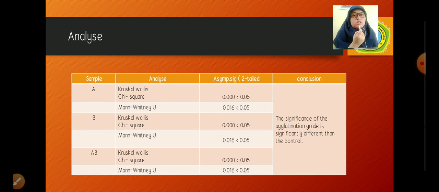The next analysis, to know whether there is a difference or not, used the Kruskal-Wallis and Mann-Whitney U tests to get significance less than 0.05. So the conclusion is that the agglutination grade is significantly different from the control.